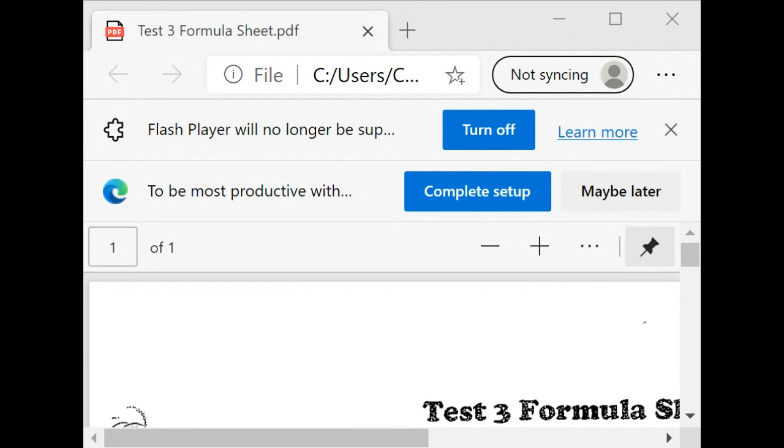Anyway, guys, it is the first formula on this, and I don't know why I can't get this to do what I want it to do. But it's formula 1 on the test 3 formula sheet.